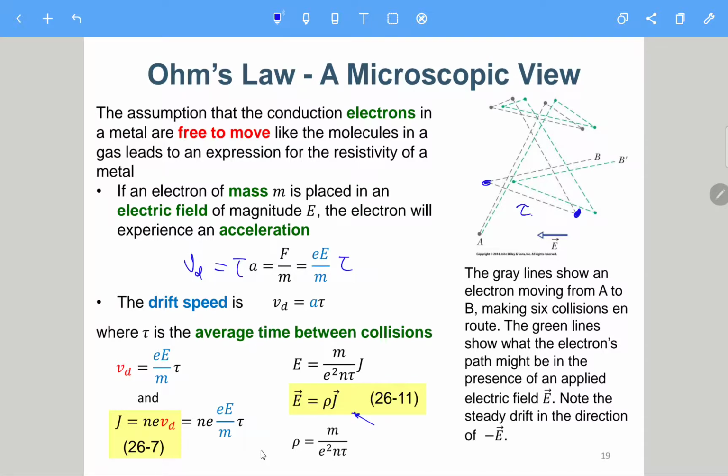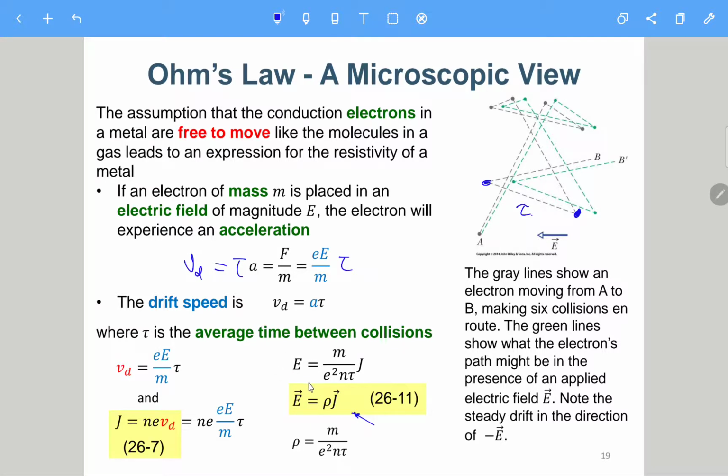So we slightly rearrange the terms, moving all the terms other than capital E over to the left side. On the left side we have small m times J over n e squared tau. So it will become this way.